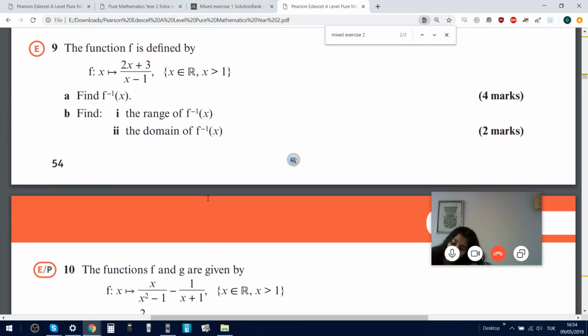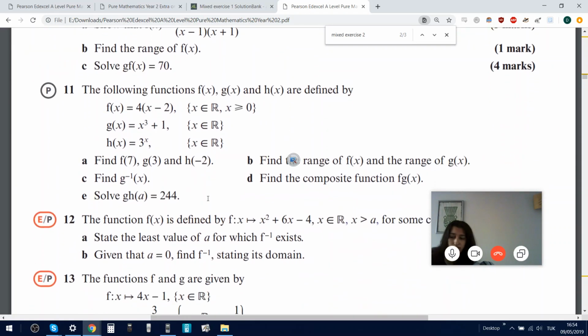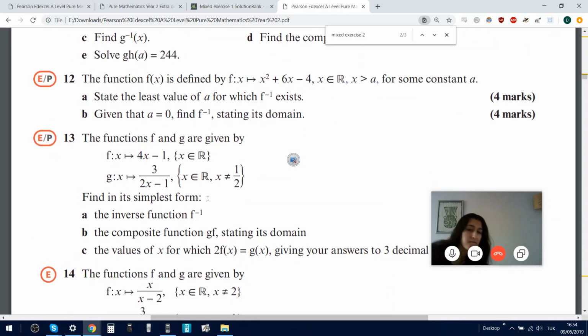So this one, the range, find that same thing. Find the range, okay. What is question 12a about?